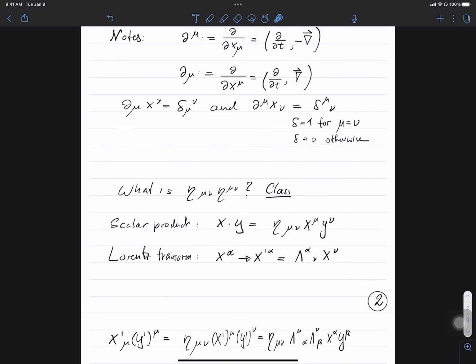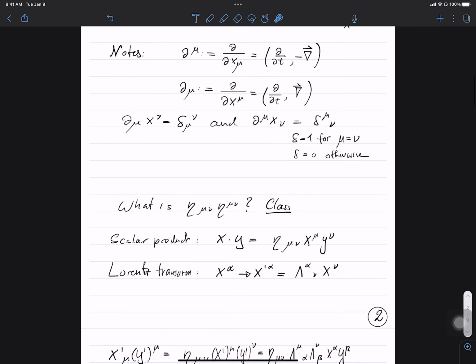That means that applying, for example, a derivative with respect to mu to the vector x nu gives us a Kronecker delta. We can work this out because it's just taking the time derivative of the time component, which gives you 1.